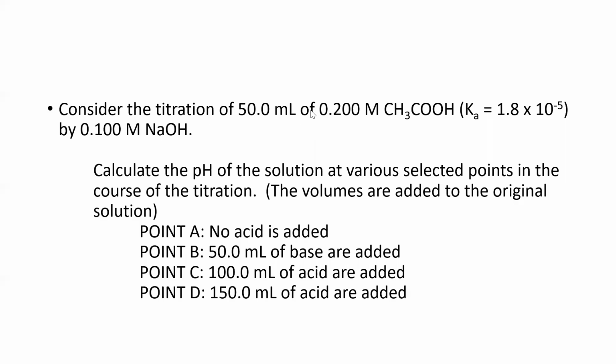I'll go back to the question again so you can take a look at it while we work it out. There's your question again. So again, this is our acid. That doesn't change. We're adding base. So 50 milliliters, now we're up to 100 milliliters.